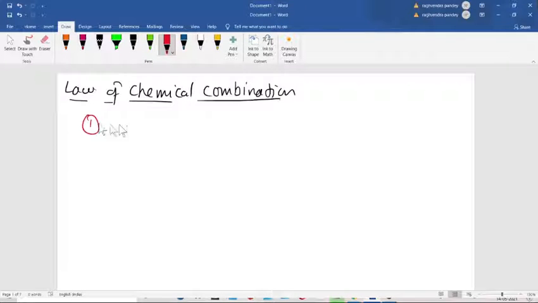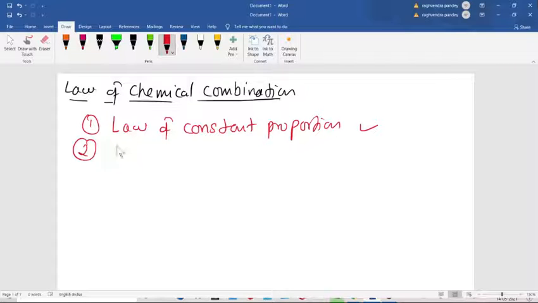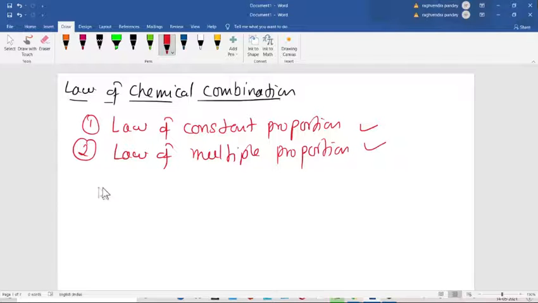One is law of constant proportion, which we have done already. The second was law of multiple proportion. Okay, so there is a third law that you have to do: law of reciprocal proportion.